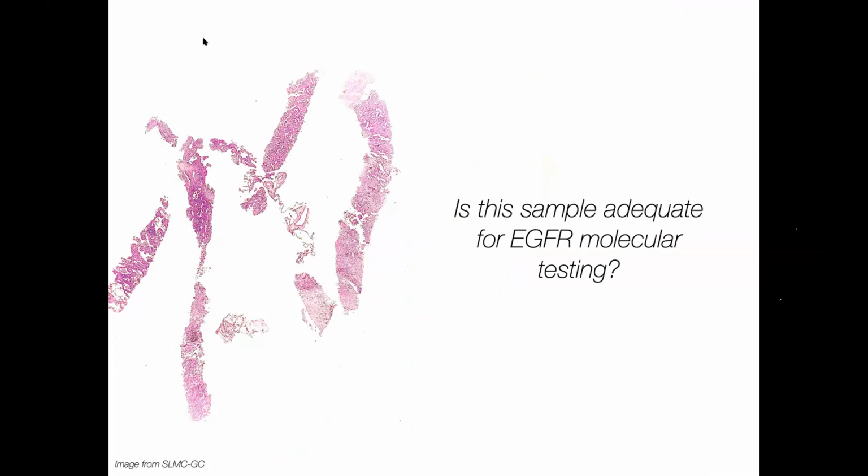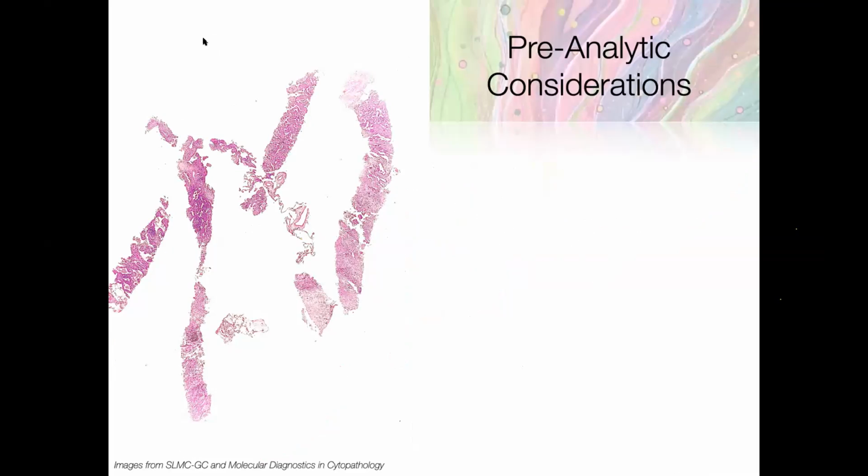After we assessed the morphology and established the diagnosis, we then proceeded with determining the adequacy of the specimen. Is this adequate for molecular testing? There are multiple pre-analytic factors that contribute to the adequacy of your particular specimen.